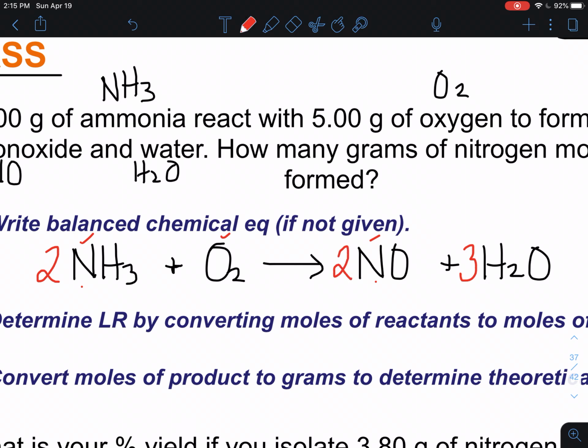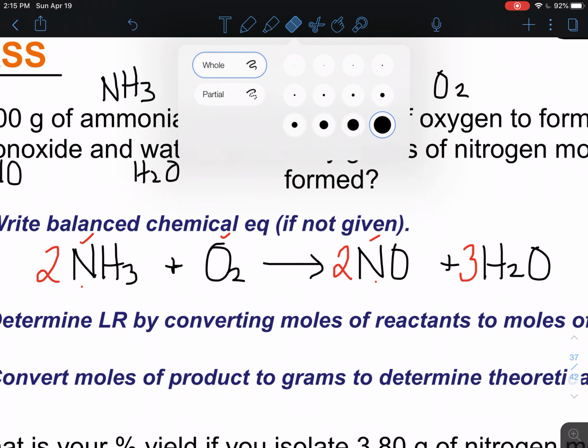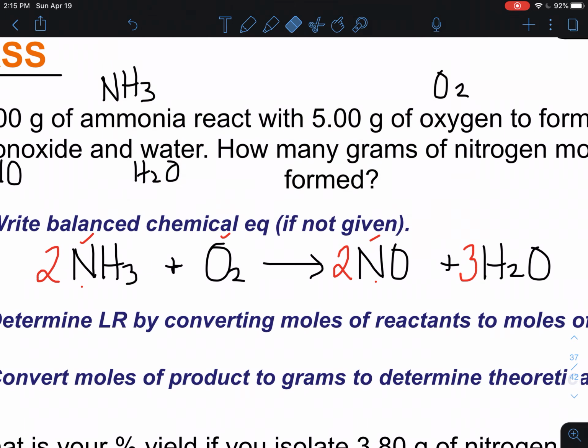Okay. Now, how many oxygens do I have? So I'm going to get this smaller. How many oxygens do I have on the reactant side?